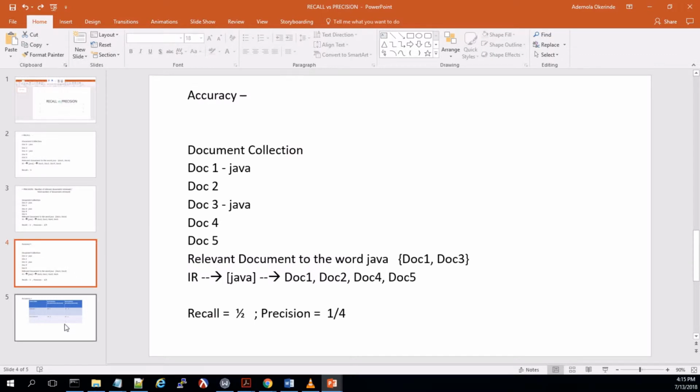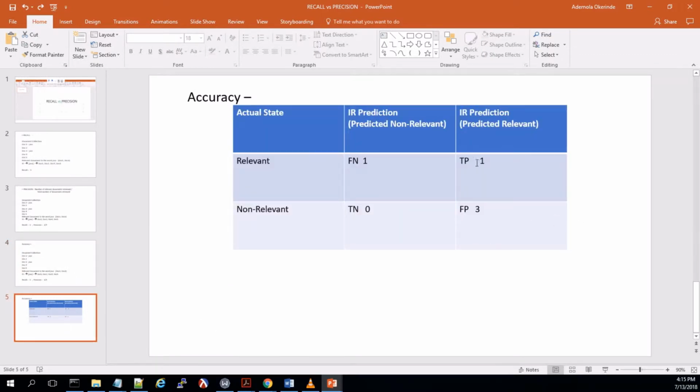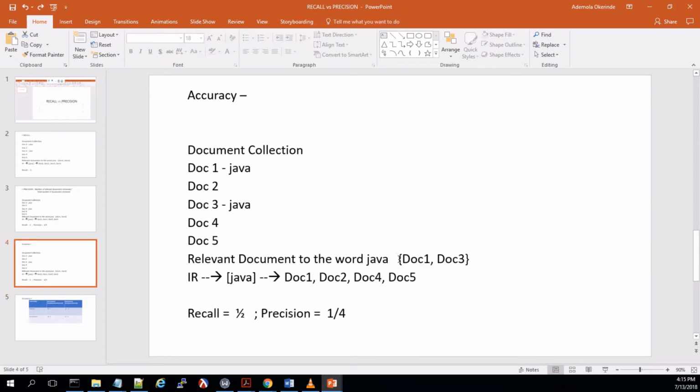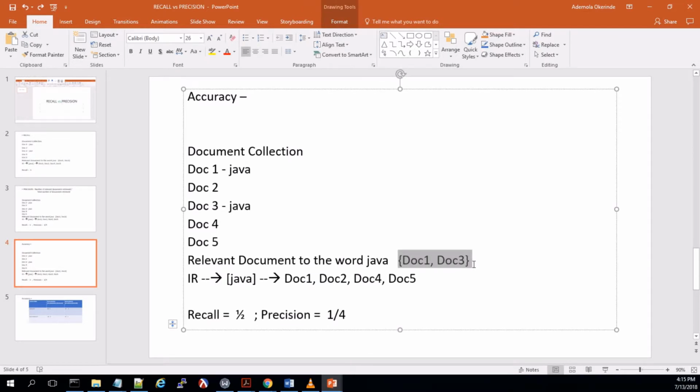We start from the easiest ones, which are the true positive and true negative. So we look at the IR system. How many of the documents are actually relevant? The IR system says some documents are relevant, so how many of them are actually relevant? We are looking at a match. This is our actual relevance, this is the predicted relevance.